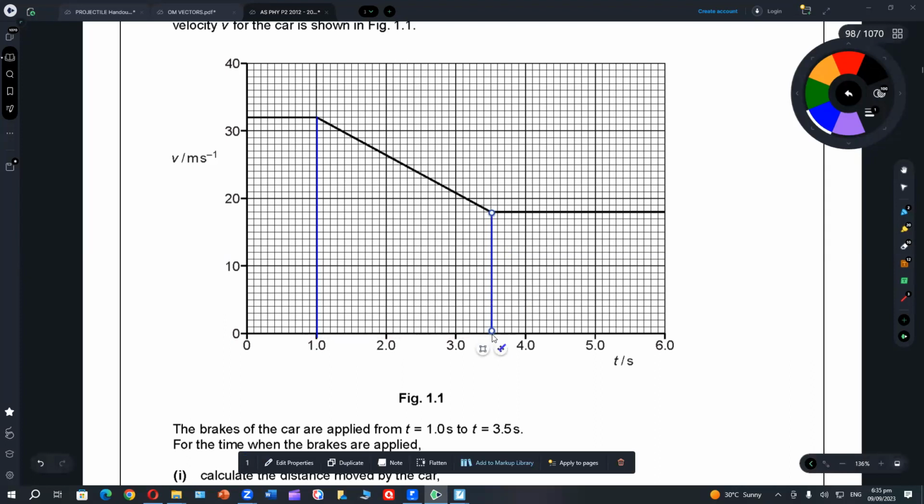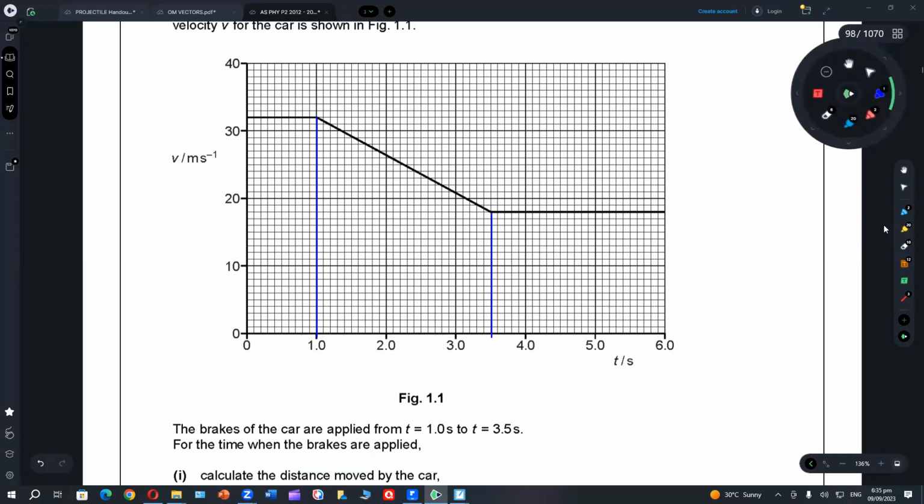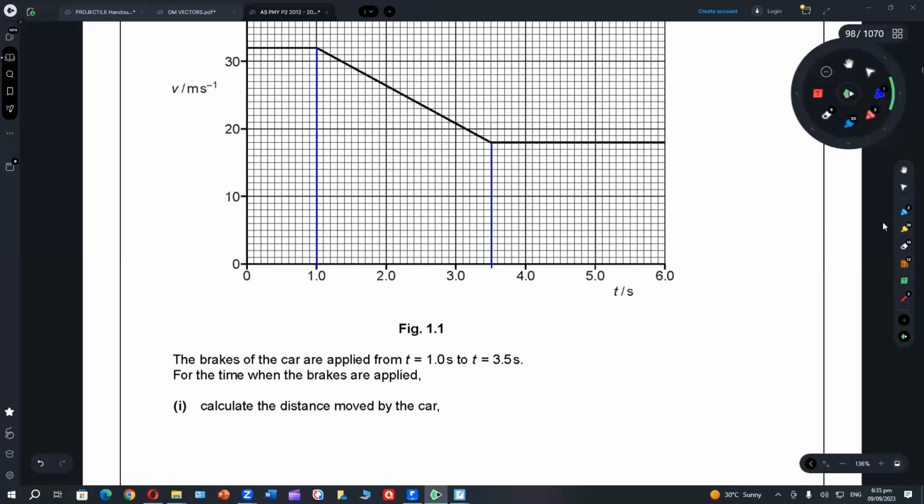I know that if the brakes are working, the speed would be decreasing. So one number is 1, and the second number looks to me is 3.5.